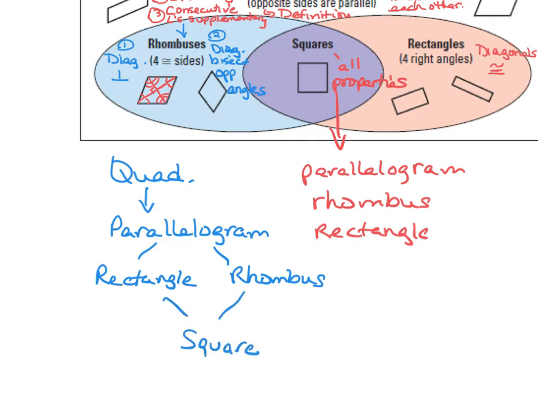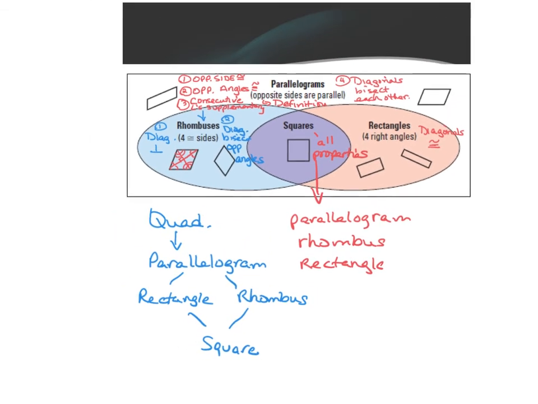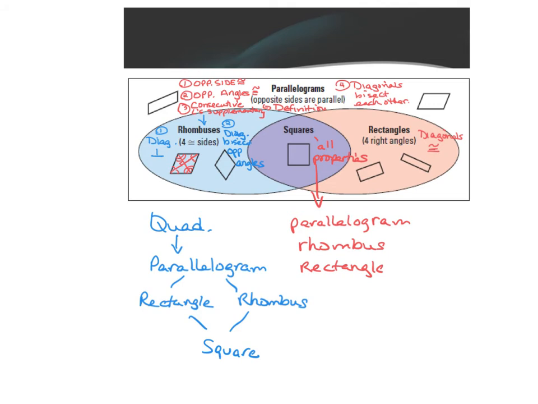So you would trickle up, and notice the square is at the bottom, and it has all the characteristics of everything up above. So again, start to make yourself a study guide, whether you just use this Venn diagram to understand what all the properties are. Pretty good?